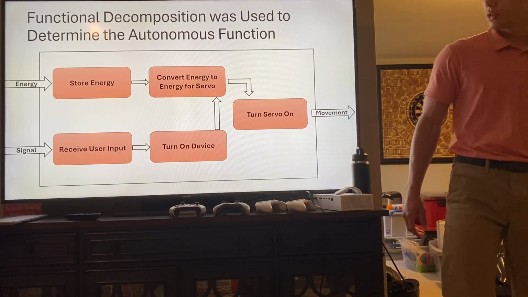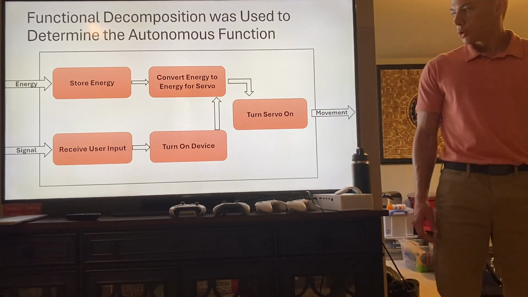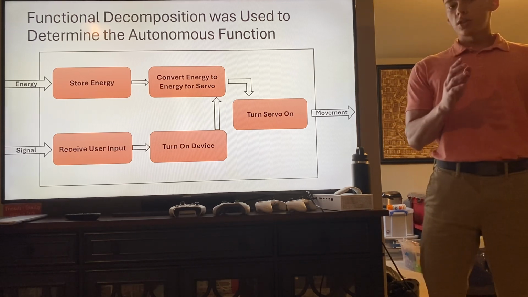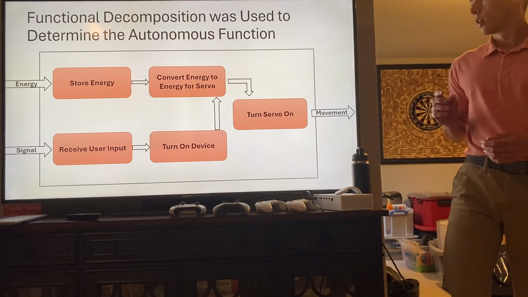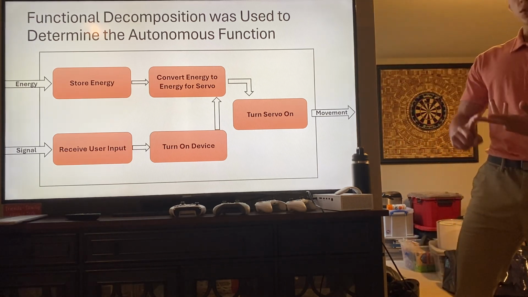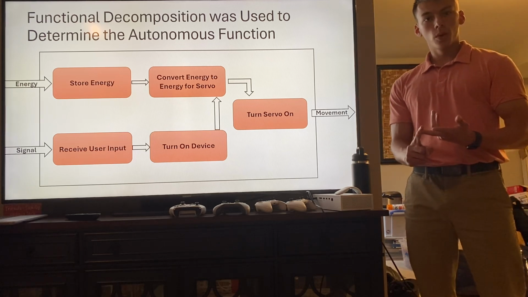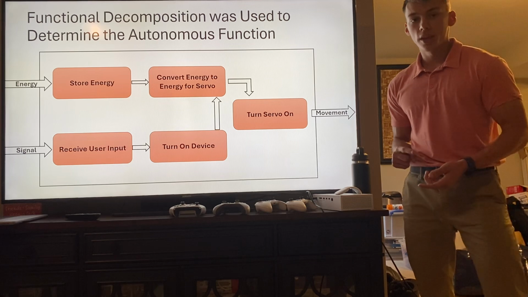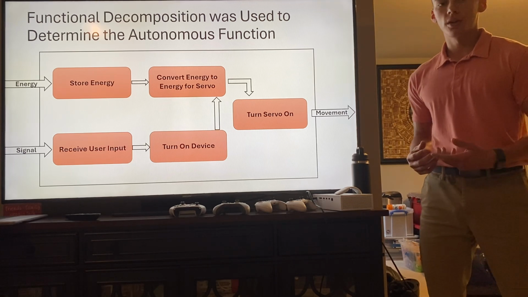We then have our functional decomposition table, or black box method, which starts with our inputs on the left and our outputs on the right. Our inputs on the left include energy and signal. So we first of all need to store our energy for our design, and then we also need to input a signal. The signal will then need to be received from the user of the bike lock.